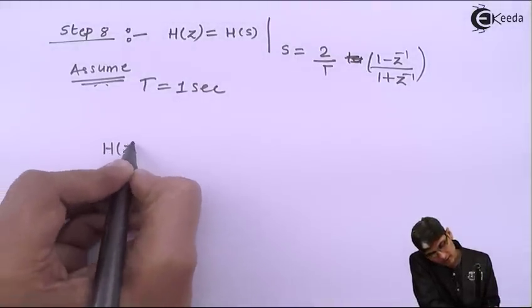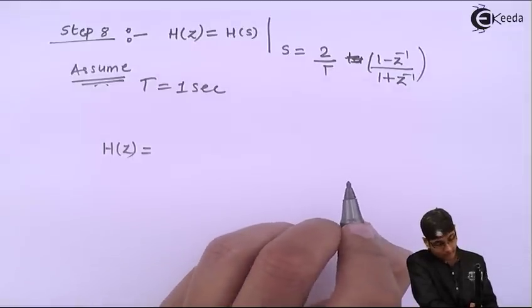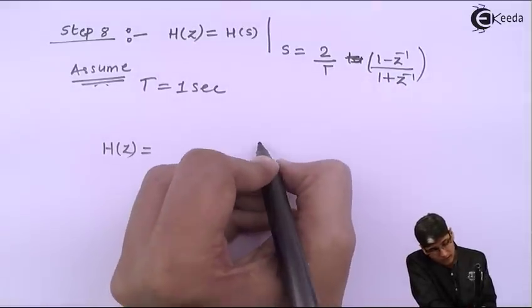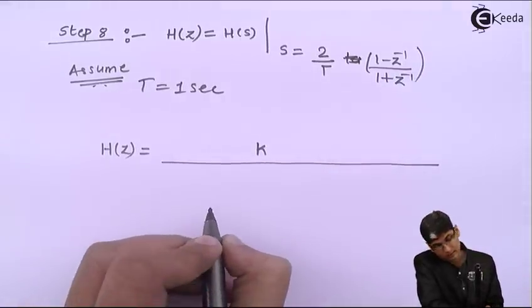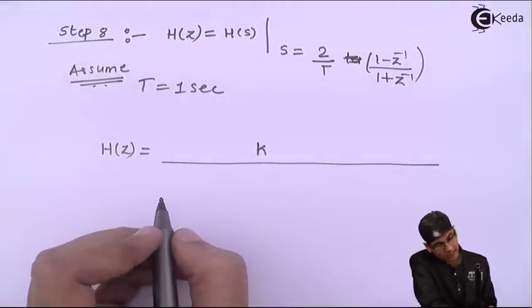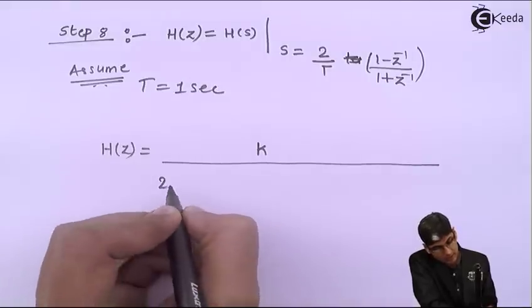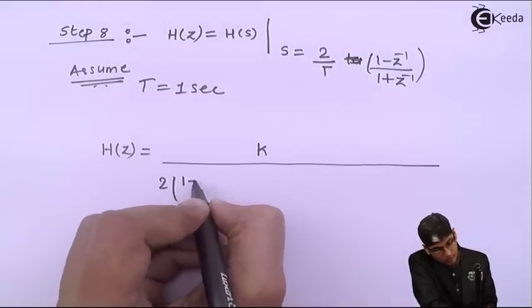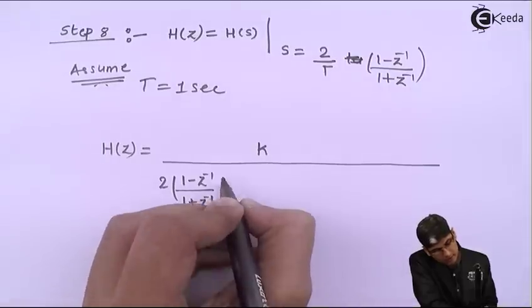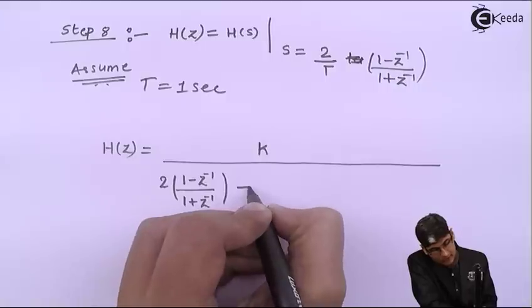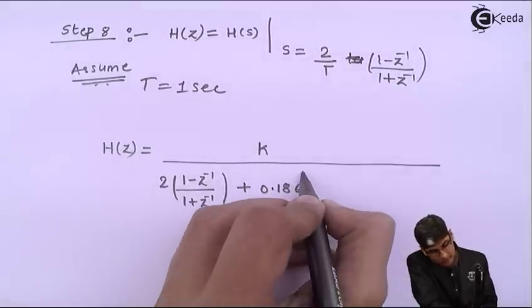So h of z will be equal to, okay, my h of s is a very big number, so I'll write k upon, now the first term is s plus 0.186, so I'll write s, which I will replace by 2, 1 minus z inverse upon 1 plus z inverse, that is for s, plus 0.186, that is second term.